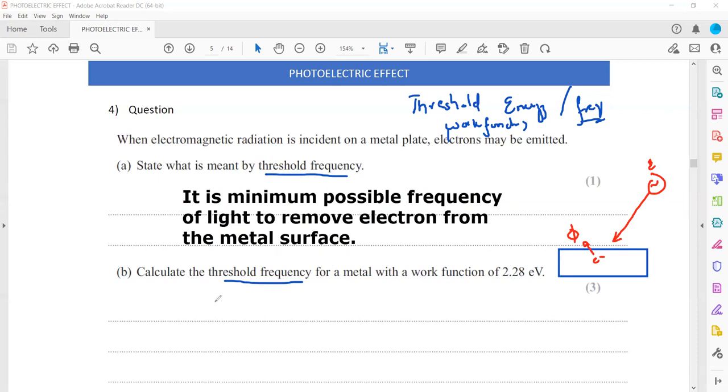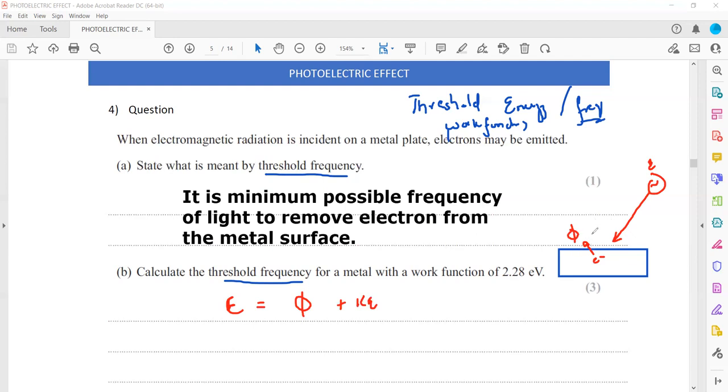So in that case, the energy of the photon should be equal to the work function for this photoelectric effect to occur. That is the minimum possible frequency or minimum possible energy. So we have the formula E equals phi plus kinetic energy, that is the Einstein photoelectric effect equation.